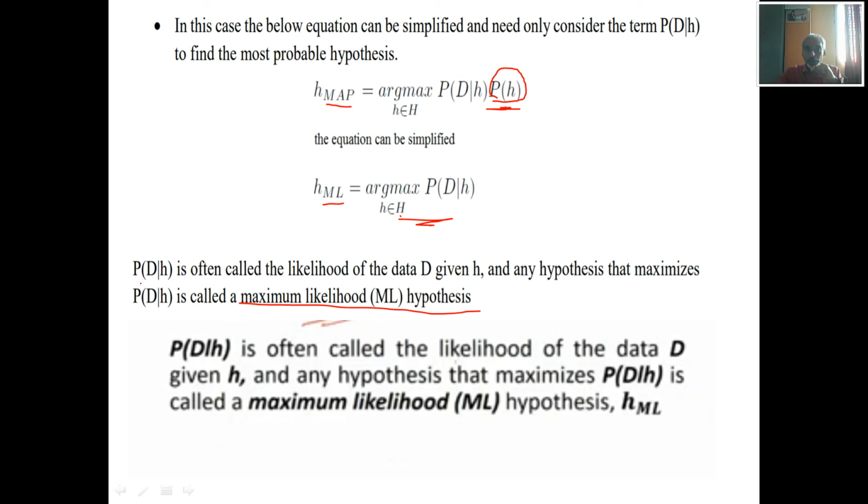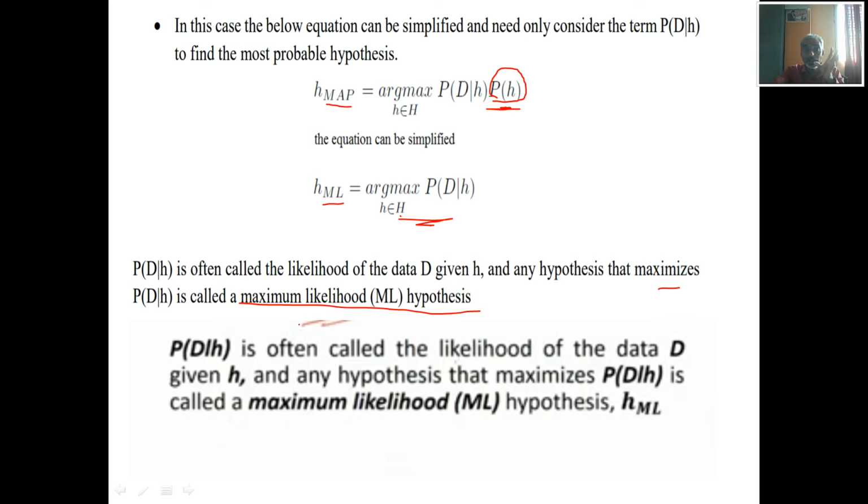So the probability of D given a hypothesis H is often called the likelihood of that particular data given H. So what is the likelihood of that particular data set for a given hypothesis? What are the chances that the data set holds good for a given hypothesis? That maximizes, so we have argmax, a function which gives the maximum.